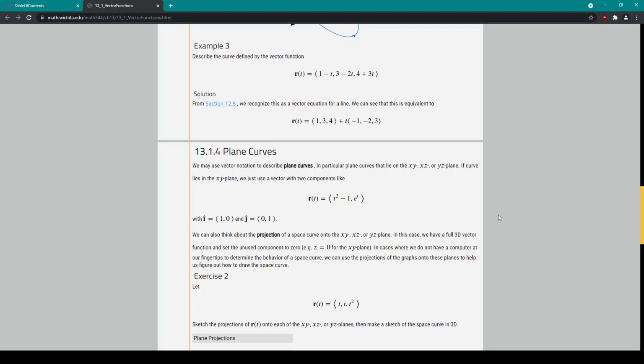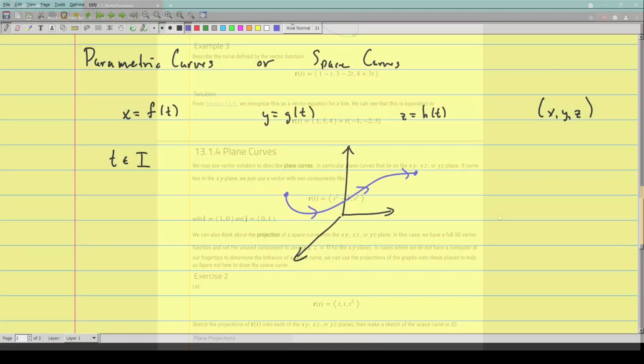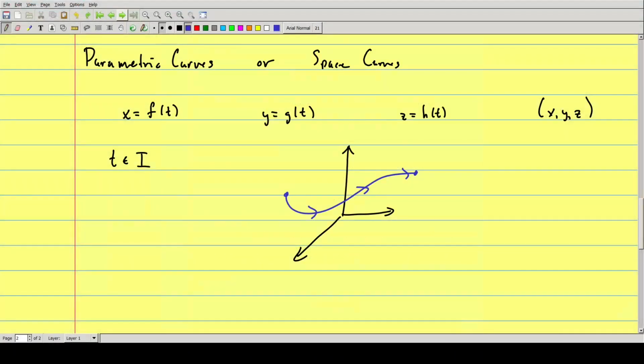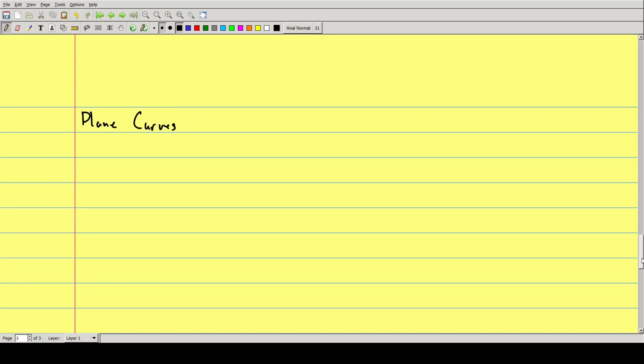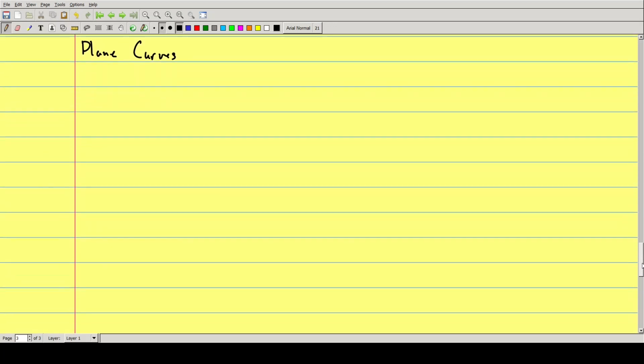And then another notational thing that we can take a look at are plane curves. Okay.